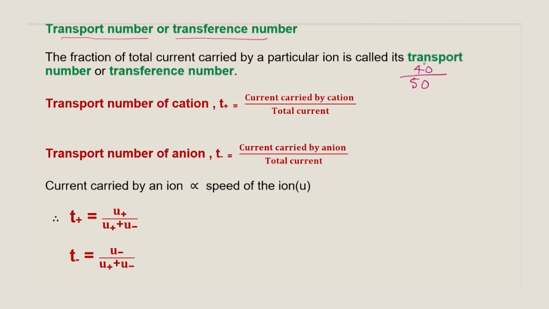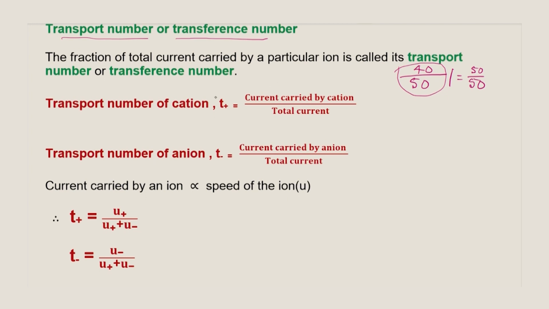By this you can see that this cannot be a whole number, it will always be a fraction, and if the whole of the current is carried, it becomes 50 out of 50 and that becomes equal to 1. So, the maximum value for transport number or transference number is 1 and the fraction carried by each ion will be less than 1.